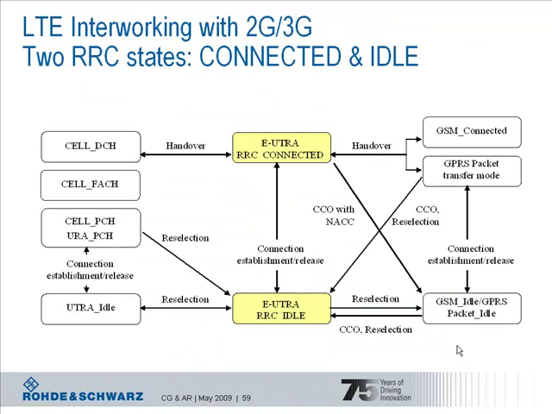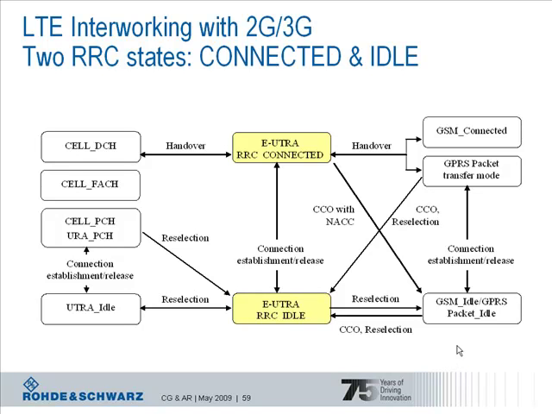So there's not only intra-LTE mobility, but also mobility between LTE and 2G and 3G networks defined in LTE. On this slide, for example, the possible transitions between the LTE and GSM GPRS states, as well as between LTE and wideband CDMA HSPA states are shown.